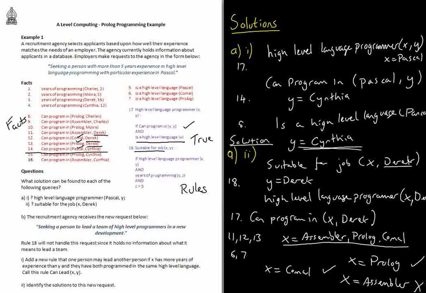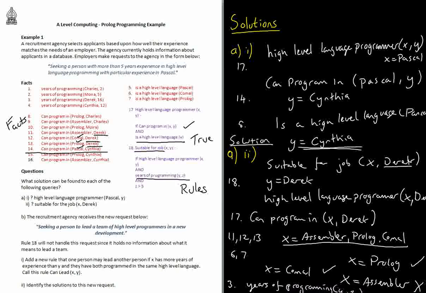Now finally, I've got to look at the years of programming, Y, Z. Let's write that down. Years of programming is, for Derek, clause number 3. So, years of programming, that's Y, Z. Now, I know what Y is because it's Derek.